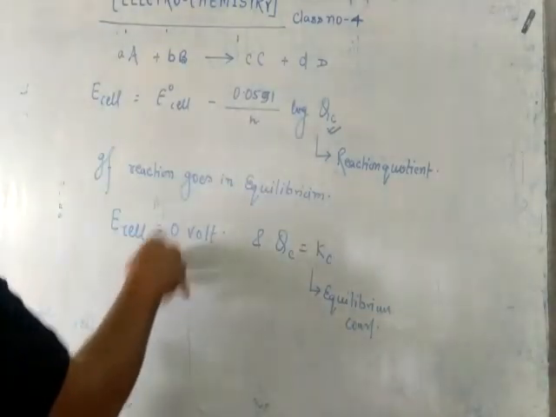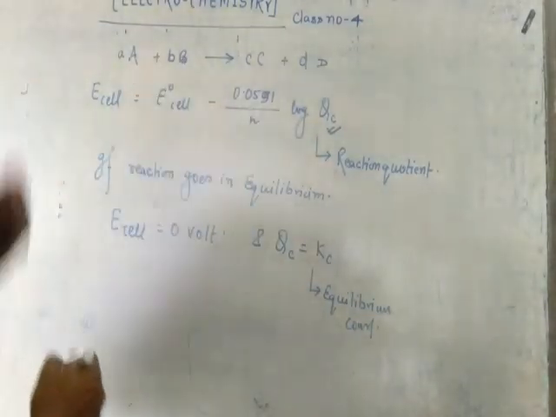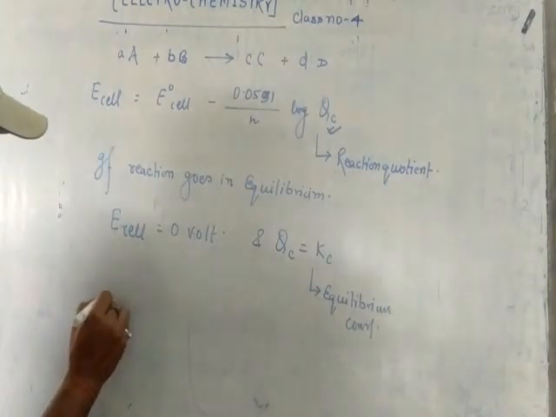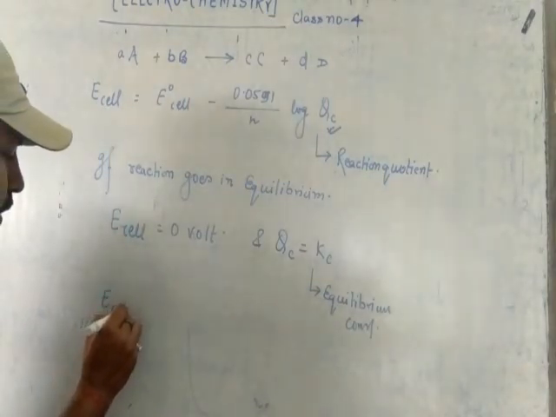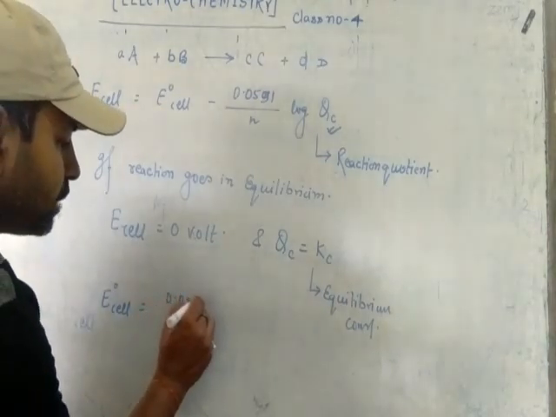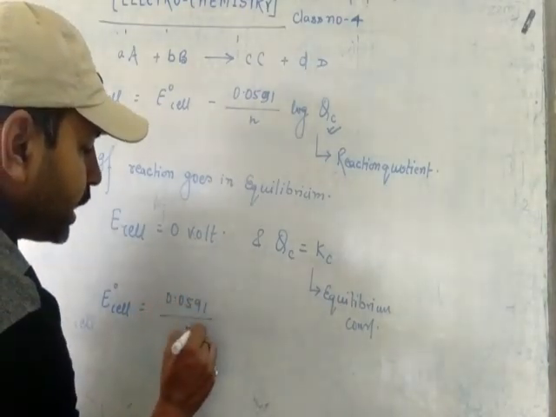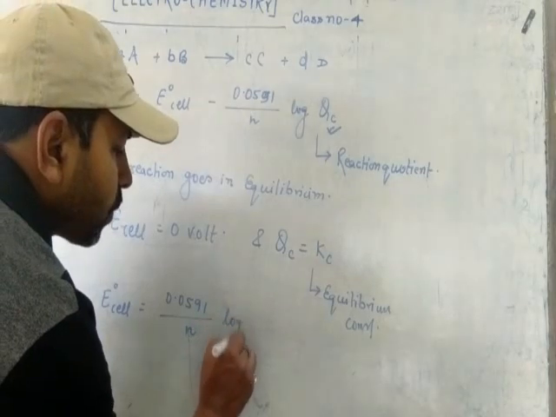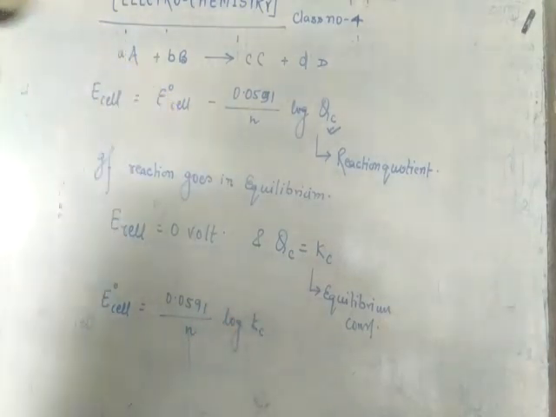Now students, putting this data in the above equation, we get E naught cell equals 0.0591 by n log Kc.